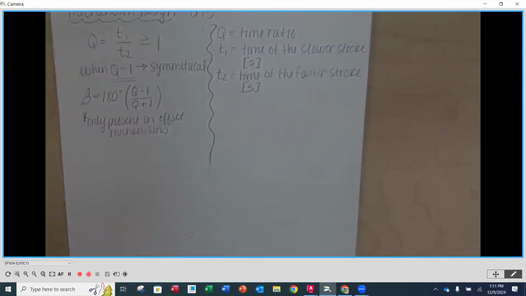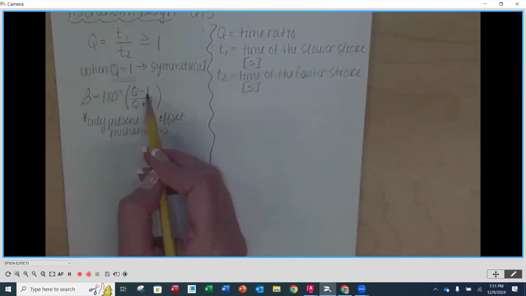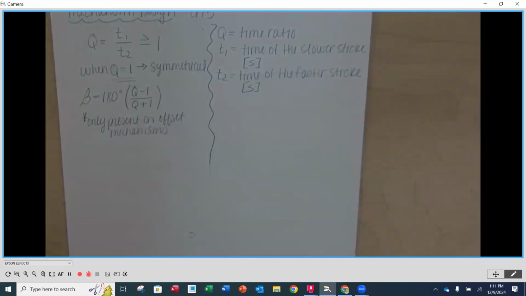If we have a Q equal to 1, 1 minus 1 is what? 0. 1 plus 1 is 2. If we divide 0 by a number, what do we get? 0, right? So beta becomes 0 when it's something that is symmetrical or inline.